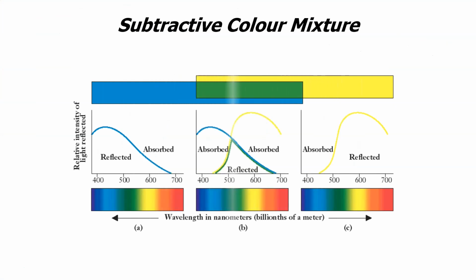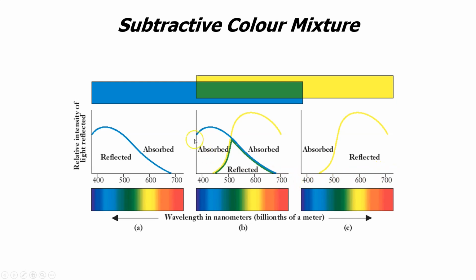Here's another visual example. This might help a little bit more. I've got a blob of blue paint. I've got a blob of yellow paint. So blue paint looks blue because it reflects a lot of the blue end of the spectrum. It absorbs a lot of the yellow, orange, and red. Yellow blob of paint, kind of different. It reflects a lot of the yellow, absorbs a fair amount of the red, and a lot of the blue.